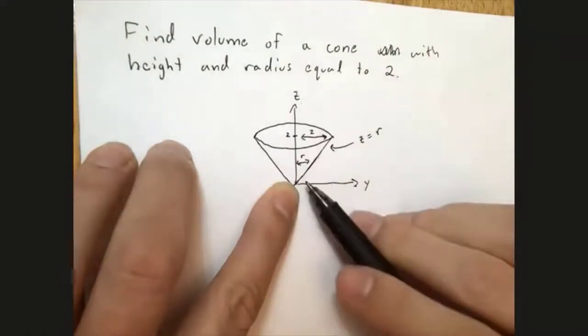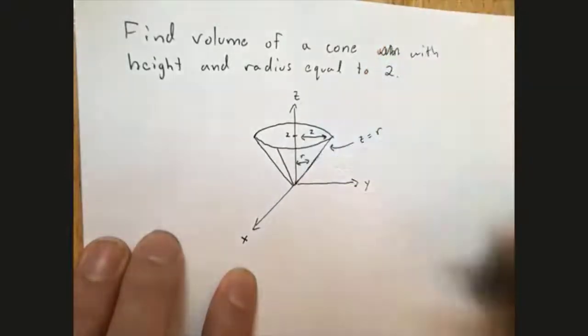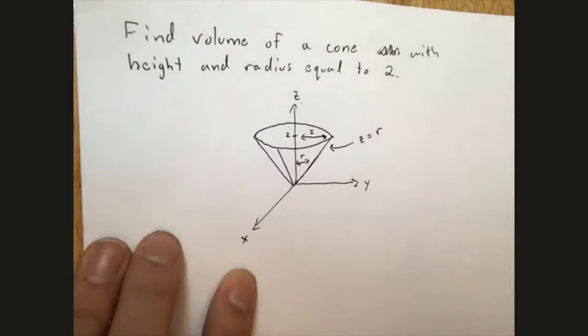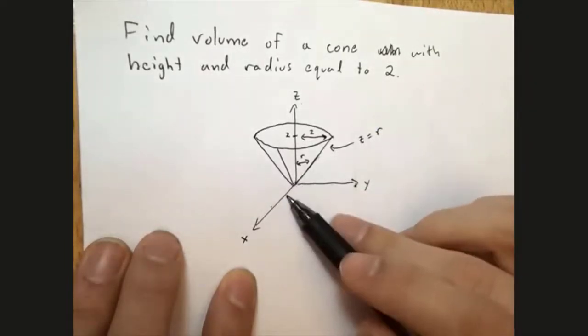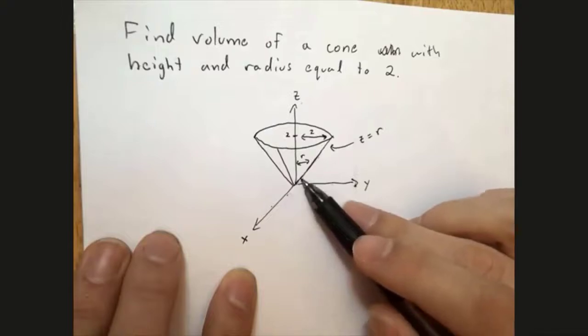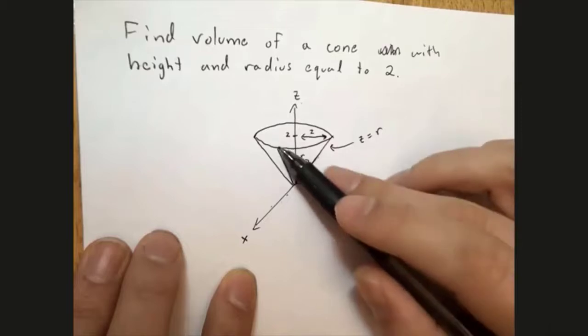And I could have done the same thing on the x-axis. That line coming out this way, when I restrict myself to the xz plane, x is the same as r. The r is just the distance in that direction, and so is x. And so again, this line is just z equals r.